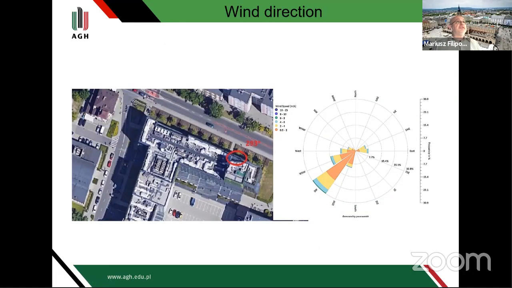What we can see here is that on our test facility, we don't have a good condition related to wind roses, because our predominant direction for turbines is west-north, and in Kraków, in our city, the predominant wind direction is from southwest.